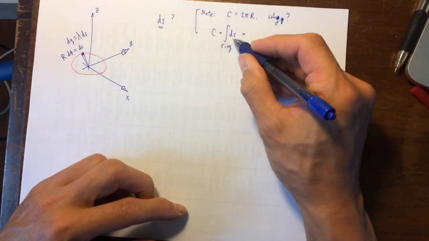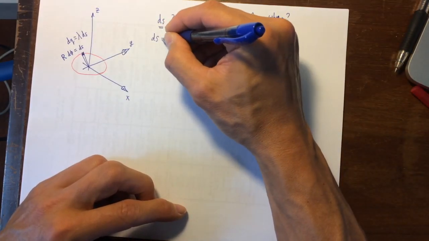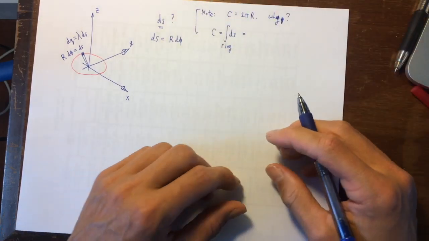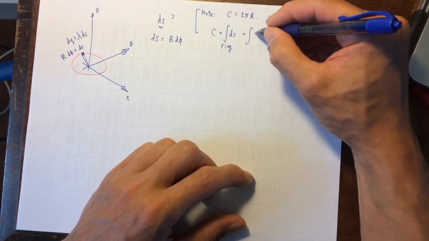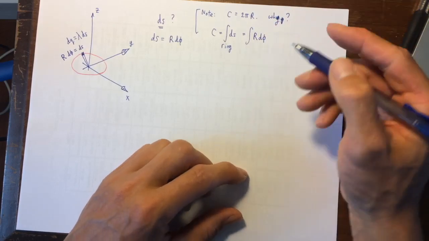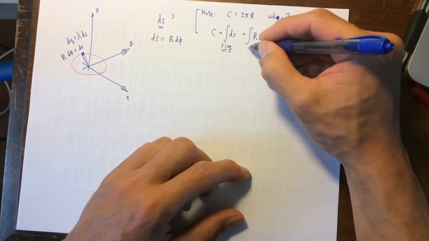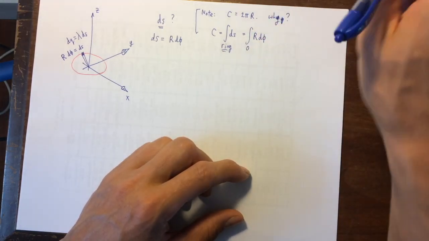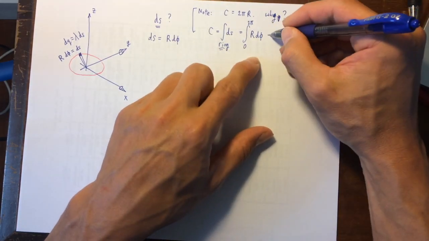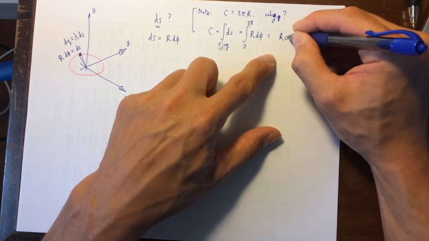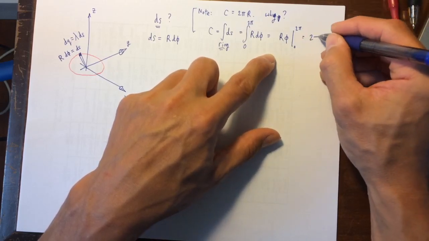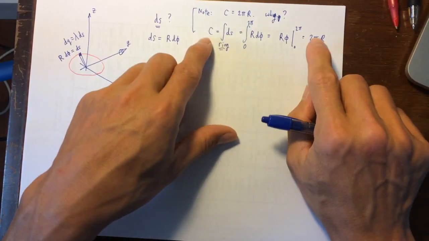So if small arc lengths at the radius r sweep by a small angle d phi, then what I'm going to integrate or add up is small pieces that are r times d phi long. And in order to go all the way around the ring, I range with the variable phi all 360 degrees, but I have to use radians. So when you do this integral, it's r times phi evaluated at 0 and 2 pi. And when you finish the integral, it's just 2 pi r. This is why the circumference is 2 pi r.